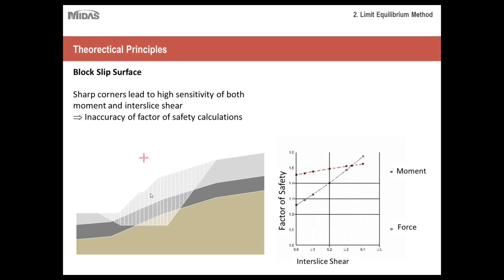Because of these sharp corners and the extra resistance that you receive, you're essentially taking a very conservative approach to your LEM analysis, assuming the slope is more stable than it actually is, because slopes don't really fail in shapes such as these.